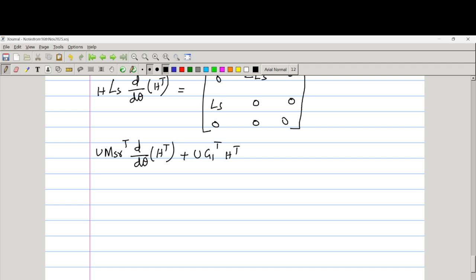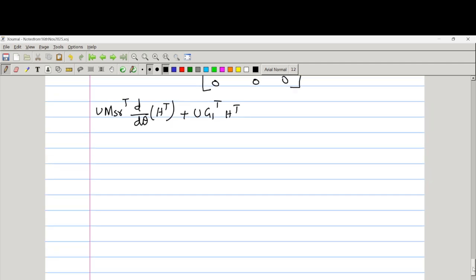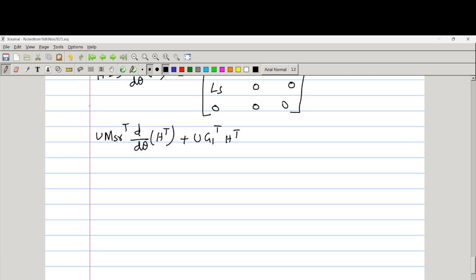When we do this entire calculation, we will end up with this equation as 0 0 0 0 0 0, then 0 0 0. Similarly, we already know this matrix.